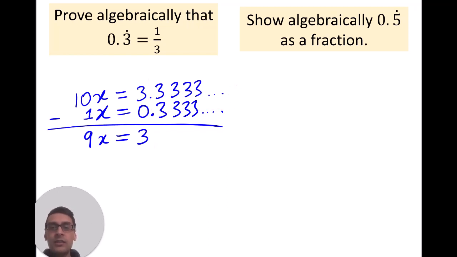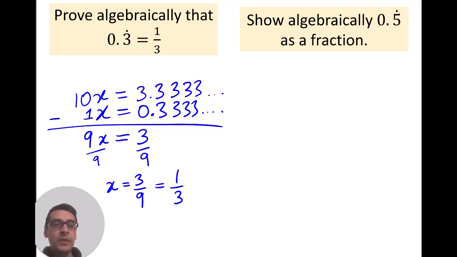So we can just say that it cancels out. And we don't need to write 0.000, it's just 9x equals 3. So if 9x equals 3, we can then divide by 9, and that will give us x equals 3 over 9, which simplifies to 1/3.